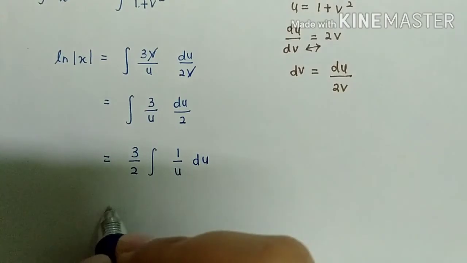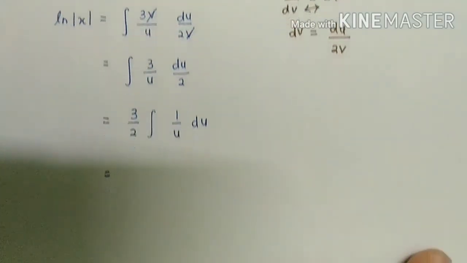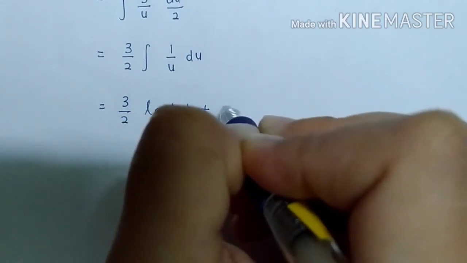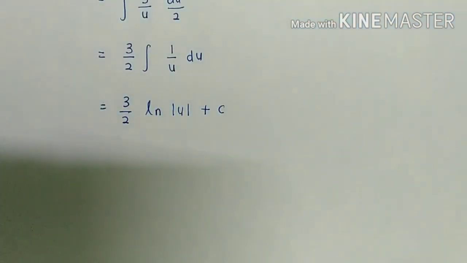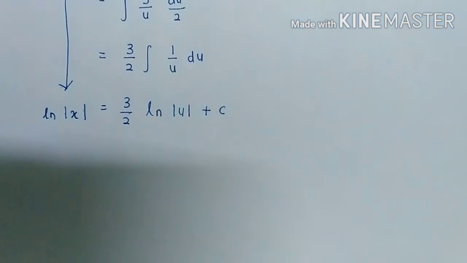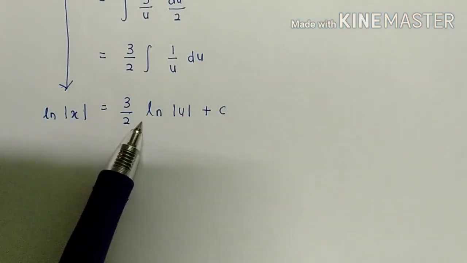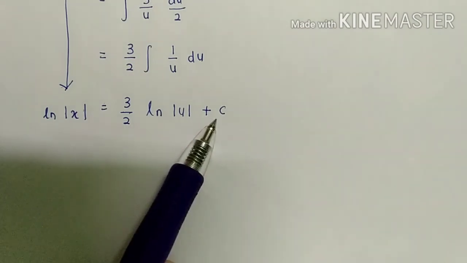So the integration of 1 over u du is ln u, and at the last we put plus c. And then at the left side is ln x, we just write it back here. So ln x is equals to 3 over 2 ln u plus c.